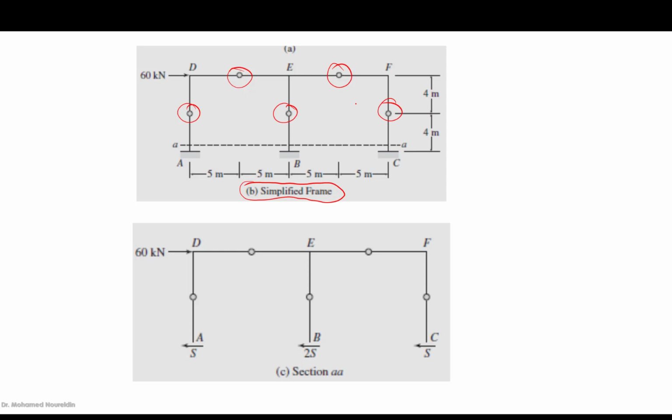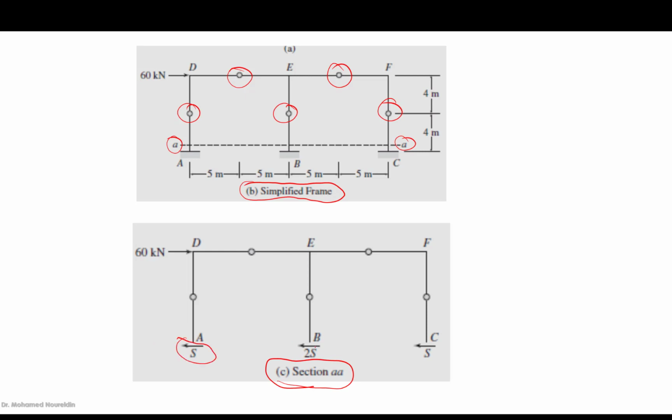Okay, and then we're going to take a section just above the fixed support at the bottom, as you see in this figure, and as we said, shears are going to be calculated easily.